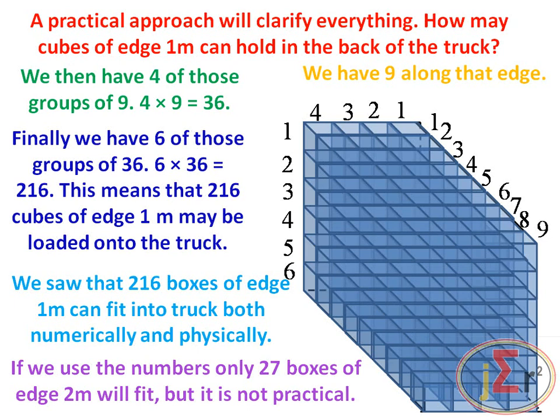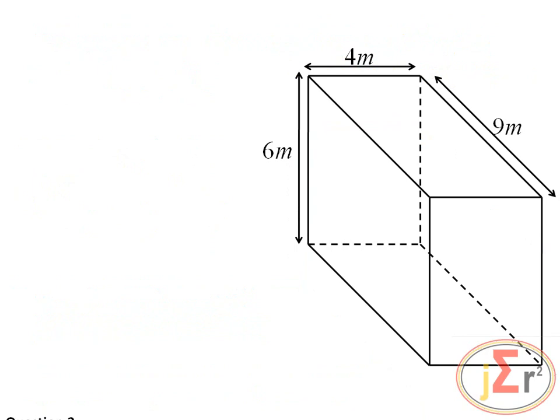So if we use the numbers only, which is just do the calculation only, as we did before, 27 boxes of edge 2 meters will fit, but it is not practical.